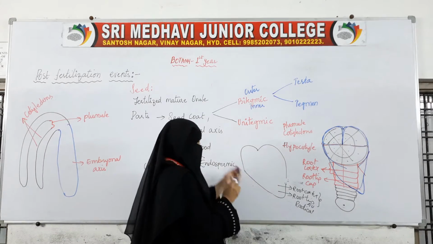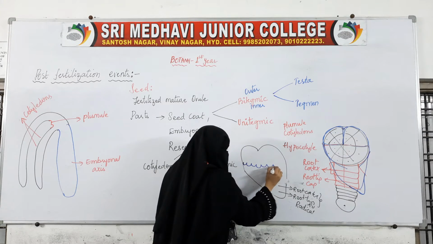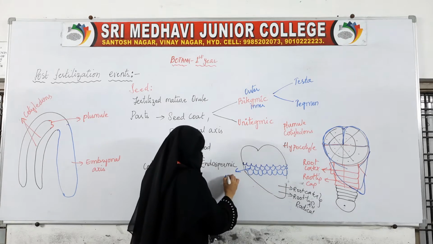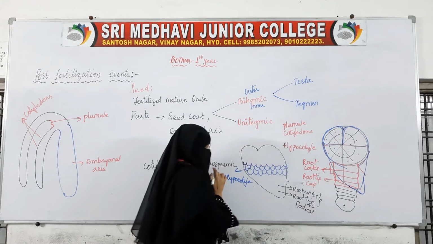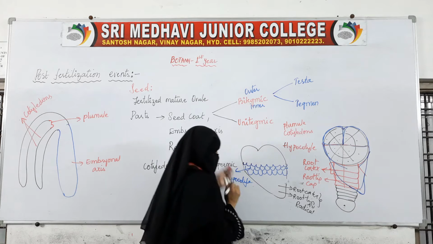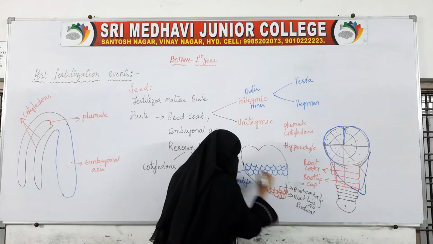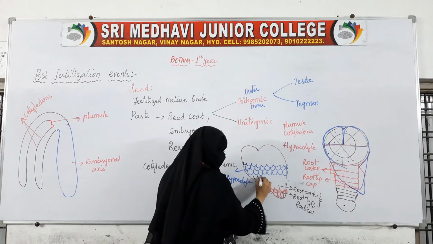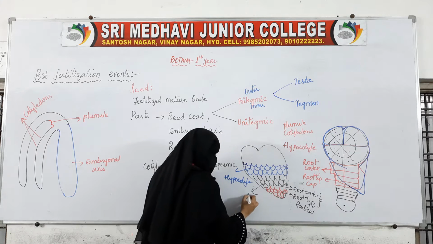This region is the hypocotyl. Here the root tip and the root cap. Here is the root cortex.